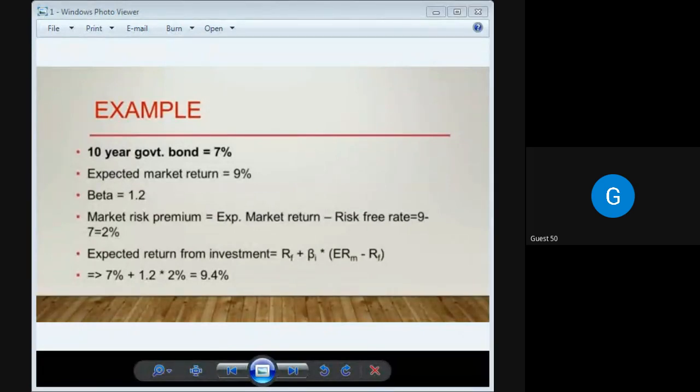EMR is the expected market return. Okay. Yes, it's a percent.